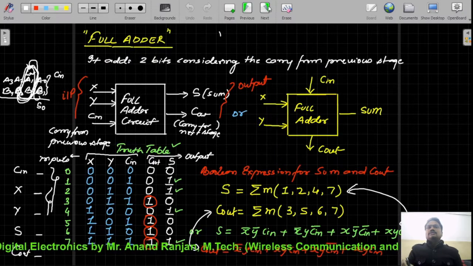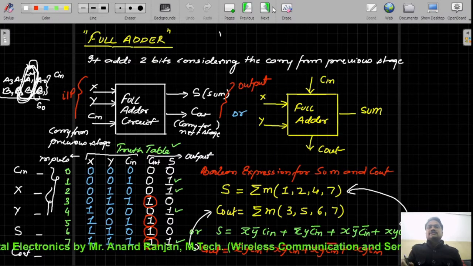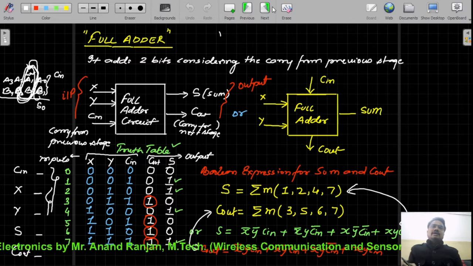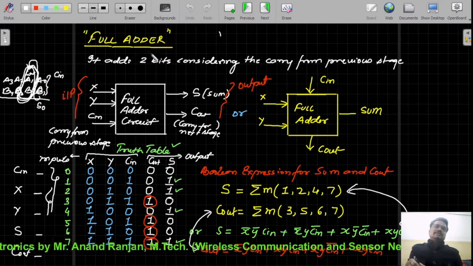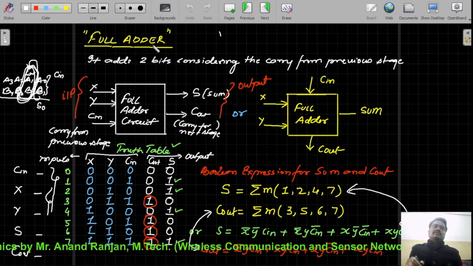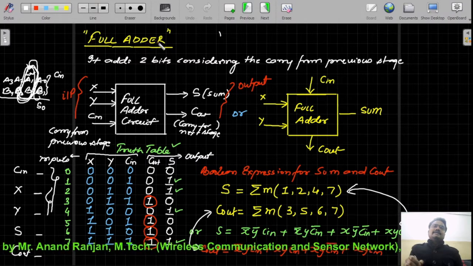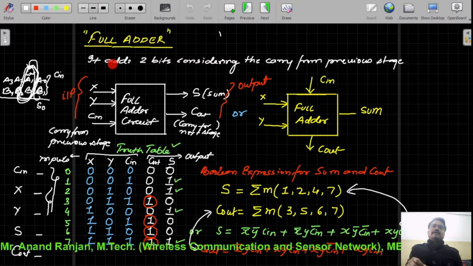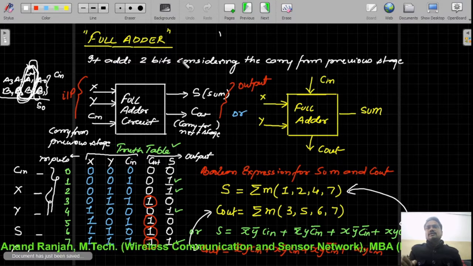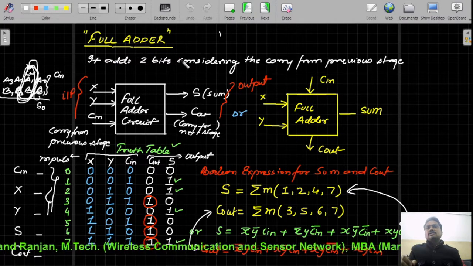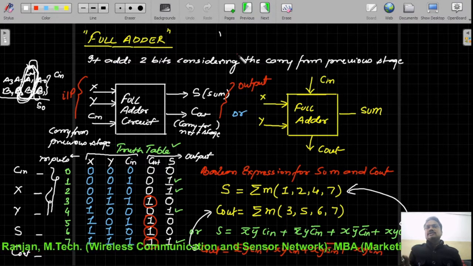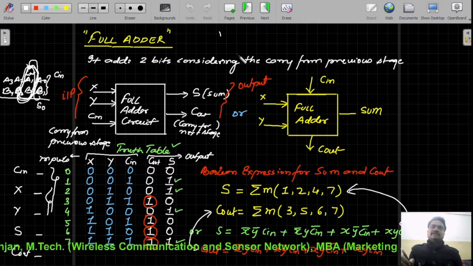Now let's discuss the full adder, another combinational circuit. The full adder circuit is used to add 2 bits, considering the carry from the previous stage.